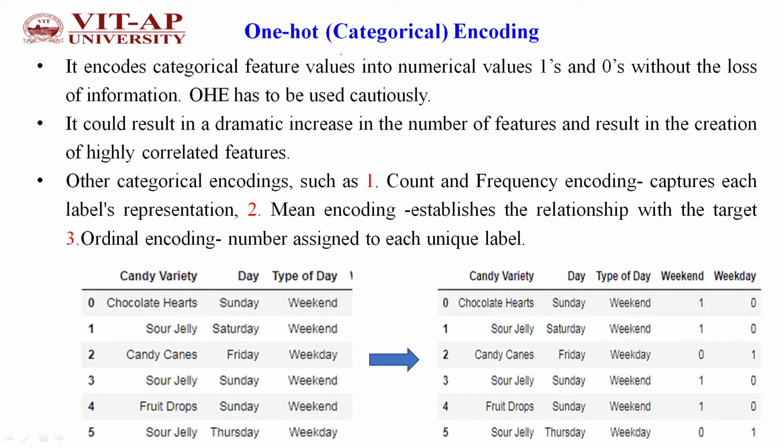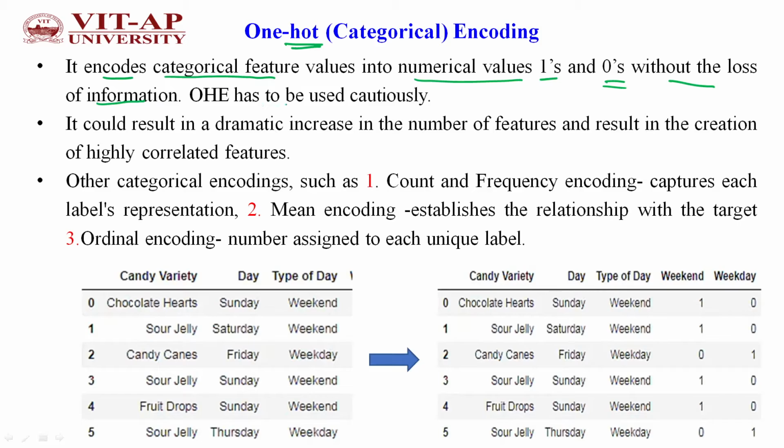Next is one hot encoding. This is very important in machine learning models, which encodes categorical feature values into numerical feature values. Those feature values will mostly be zeros and ones. This process should not lose any information that affects the performance of the model.